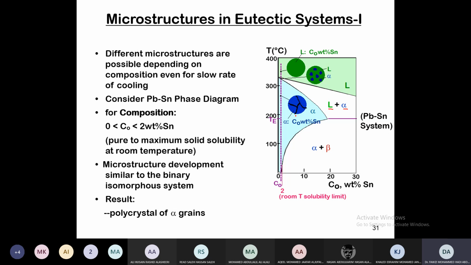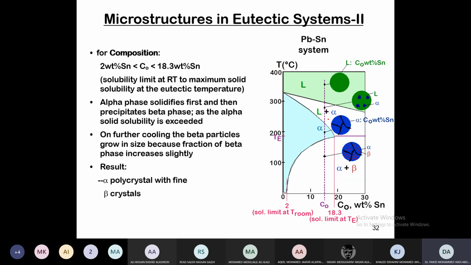Very simple. Let's see what we have if we are differently positioned. We are above 2%. We are in between 2% and nearly 18.3%, which is this point. What might develop?